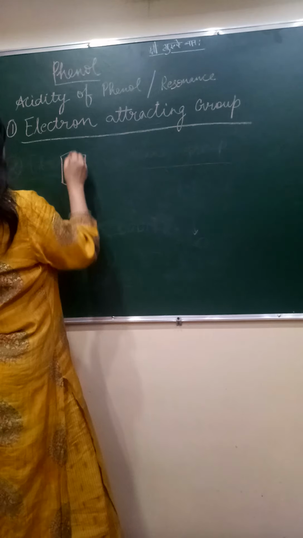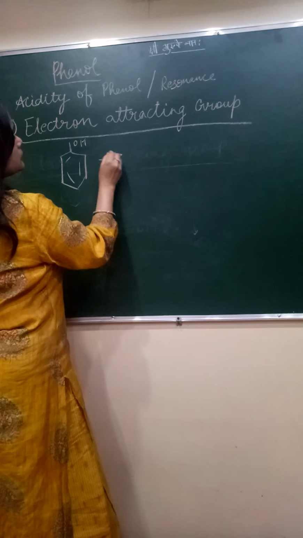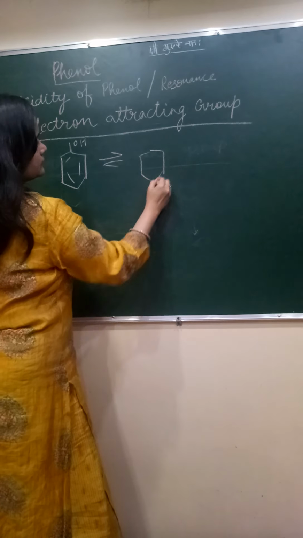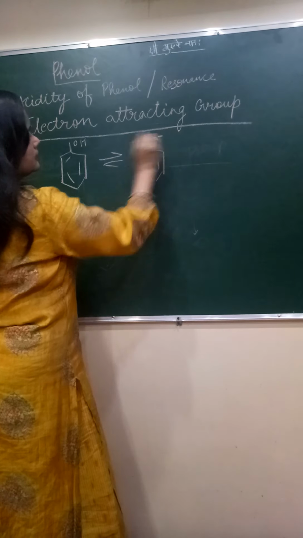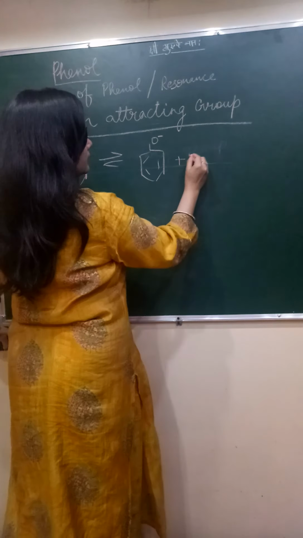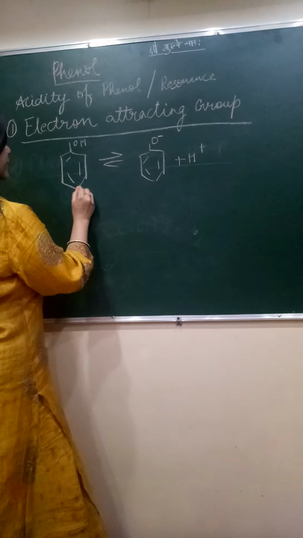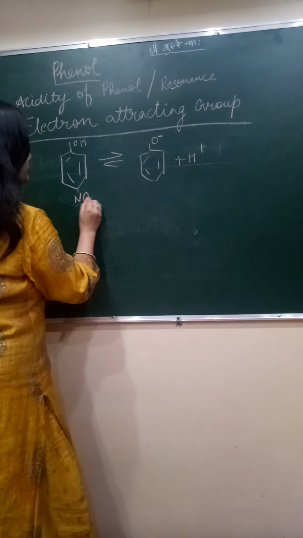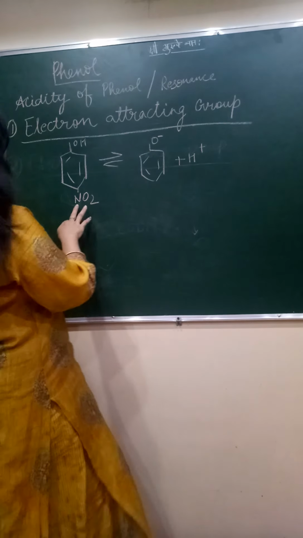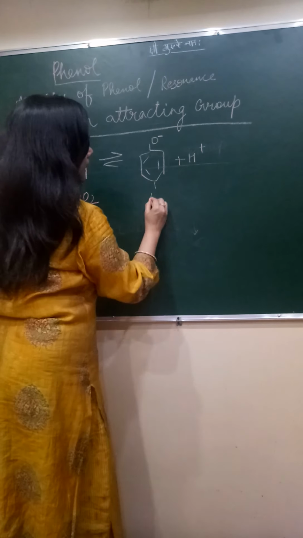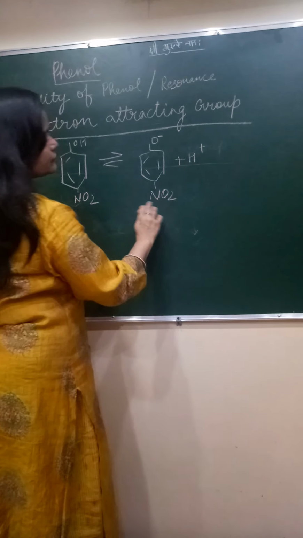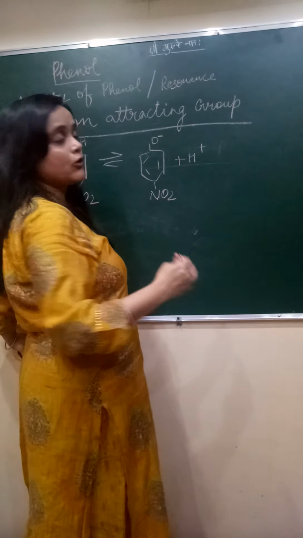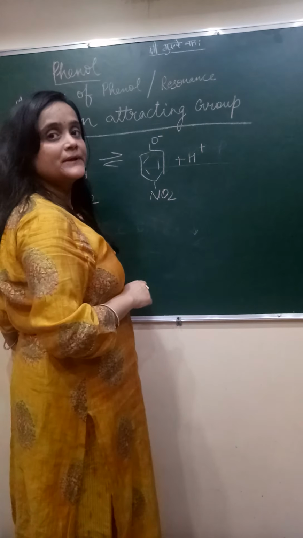First of all, phenol dissociates into phenoxide ion, like this. But if there is a nitro group attached to the benzene ring at, suppose, the para position, then how will it affect the acidity of this phenoxide ion?